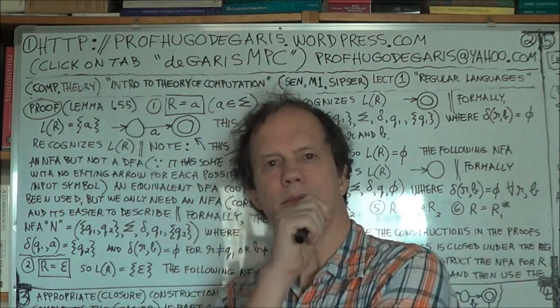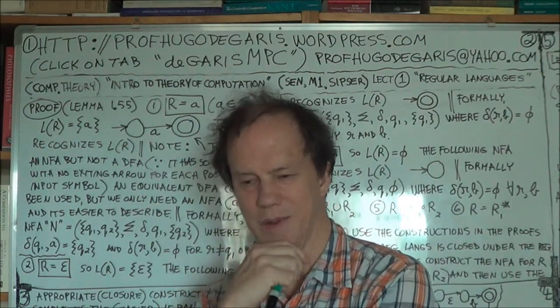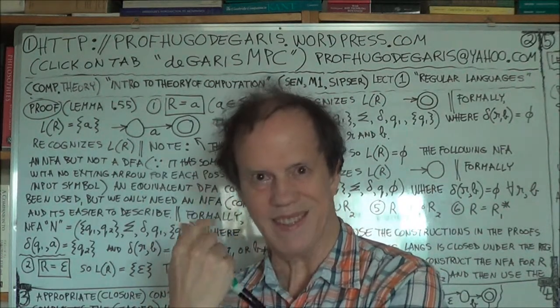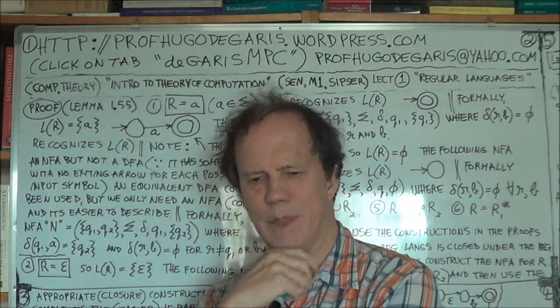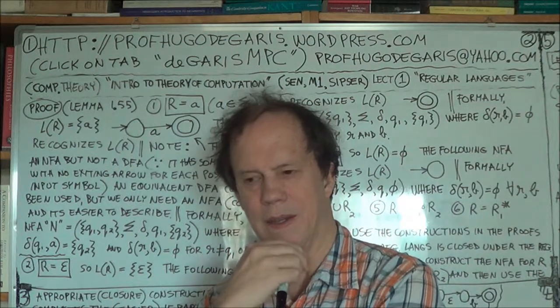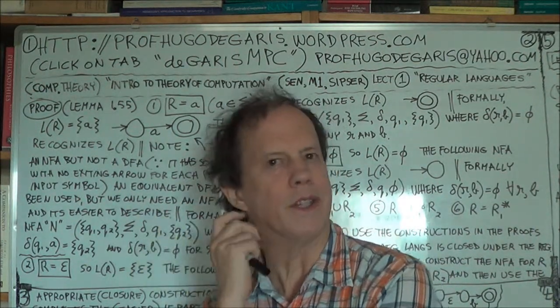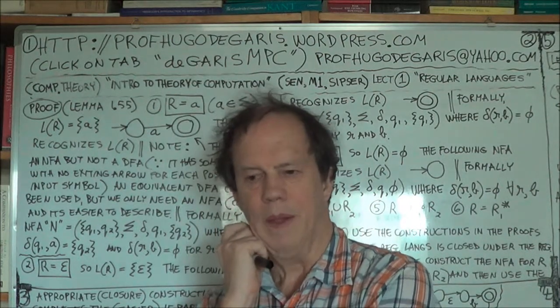Maybe I should, as a bit of revision, make the general remark. I think I've done it once or twice before, but it's sort of the basis. That is, this whole idea of equivalence between NFAs and regular expressions. Where does that come from? What's the motivation behind it?